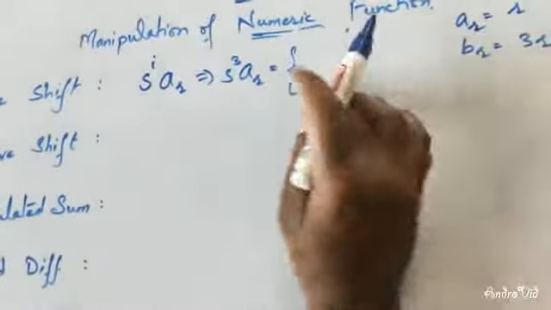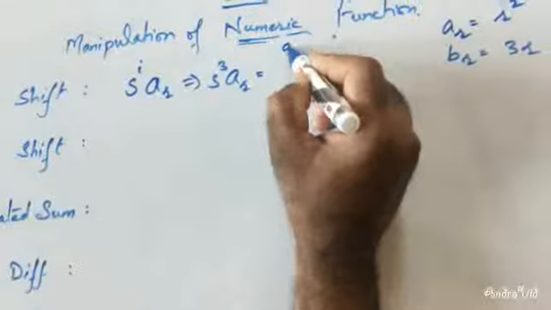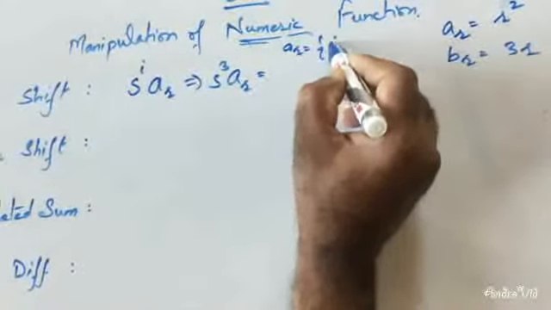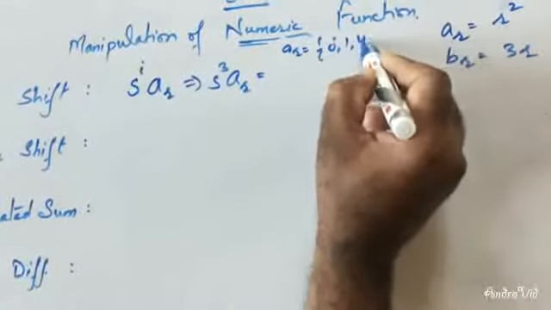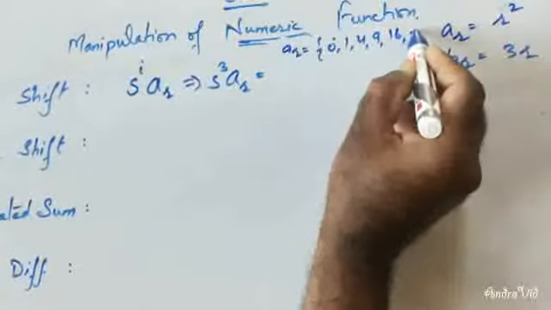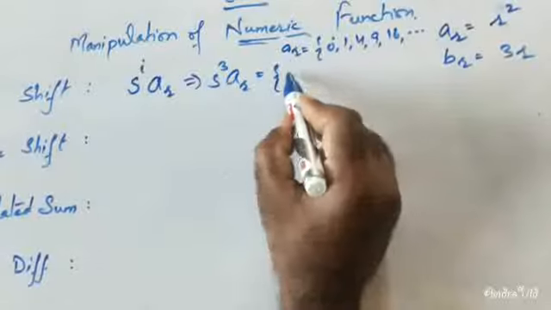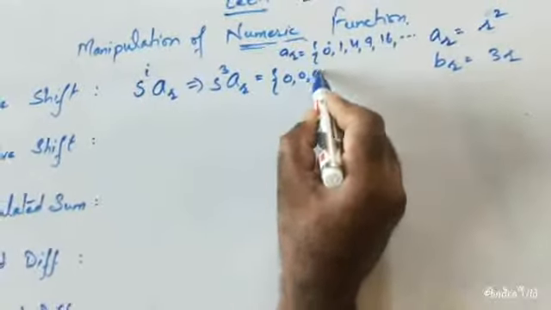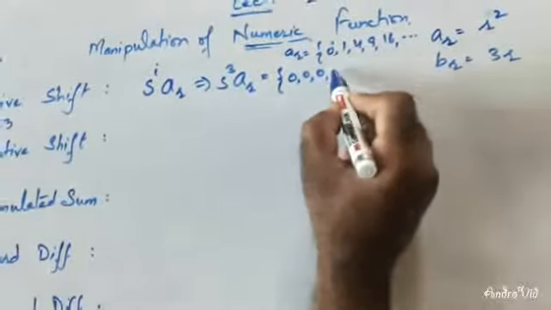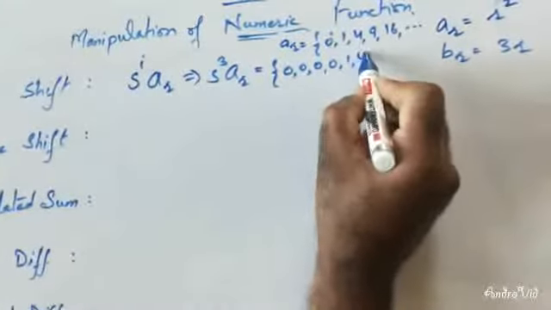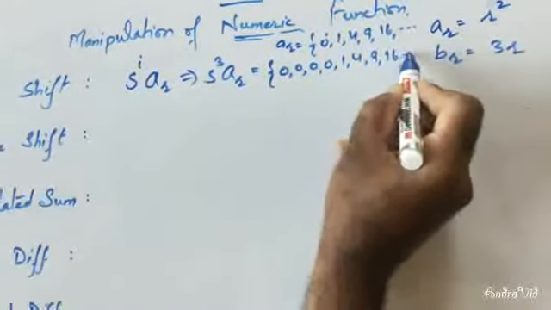We know that a(r) originally was 0, 1, 4, 9, 16 and so on. So the shifted value will be: 3 zeros will come initially and then this function will start. So 0, 1, 4, 9, 16 and so on.